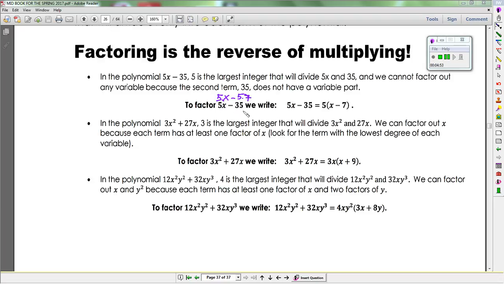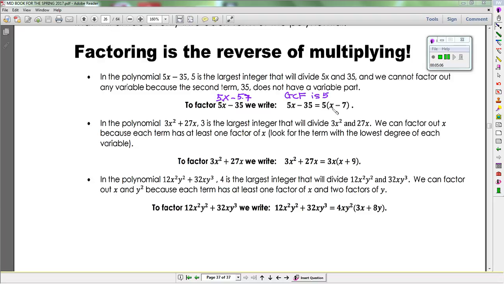Now you can see right here that both terms have 5 as a common factor. So we say the greatest common factor is 5.